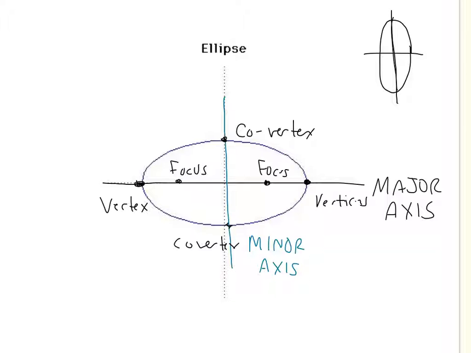So the biggest things are major axis, minor axis, the vertex, the co-vertex, and the focus. So our goal is to be able to graph ellipses and also to find equations and convert back and forth between those. Just like before, we'll start with ones that are centered right at the origin, and then we'll move to ones that are not centered at the origin.